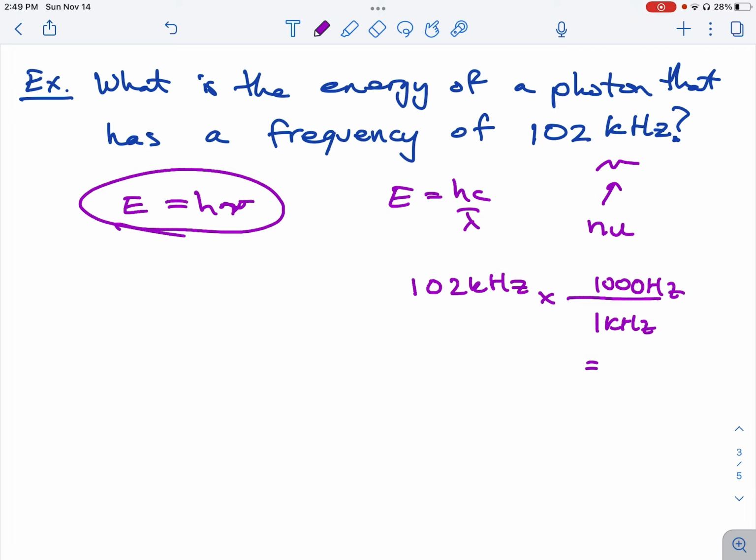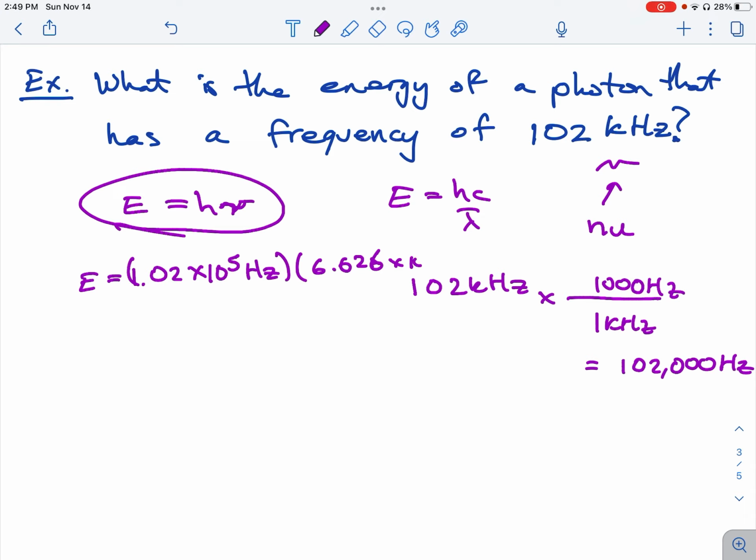So that's going to be 102,000 hertz that we're going to plug in. The energy here is going to be, and I'm going to flip into scientific notation because it's easier to deal with, 10 to the 5th hertz times Planck's constant, 6.626 times 10 to the minus 34 joules times seconds.